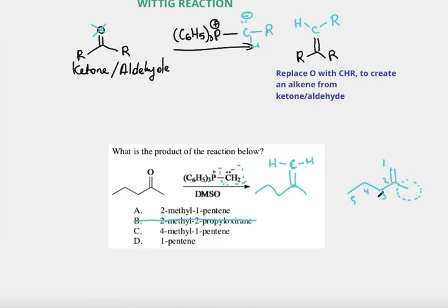So my full name should be 2-methyl-1-pentene, because I have a methyl group on the second carbon, my double bond starts from the first carbon, and my parent chain has 5 carbons. So 2-methyl-1-pentene should be A.